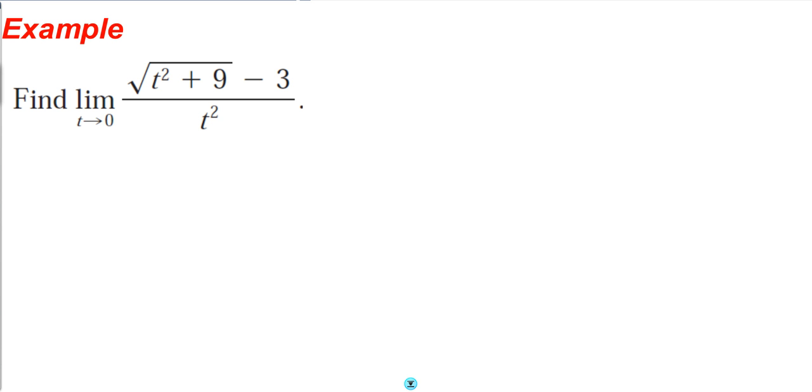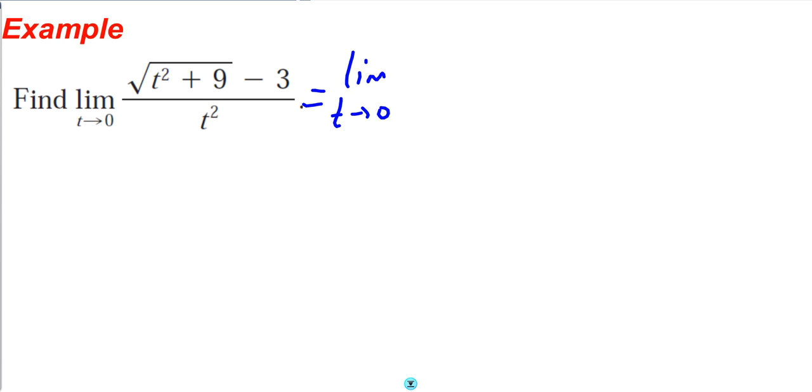Example 4. So we want to find the limit. There's a square root sign above. This is the same as the limit as t approaches 0. We can do some algebra to get the denominator not equal to 0 when t is 0.